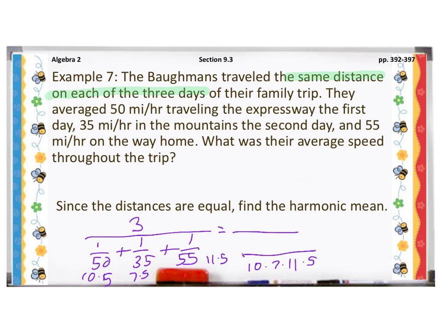My numerator, on the other hand, the 50, I have the 10 and the 5, require the 7 and the 11. So I have 77. The 35 has the 7 and 5 and requires the 10 and 11, which gives me 110. The 55 has the 11 and the 5, is missing the 10 and the 7, so I have a 70. And this is 3 over all of that.